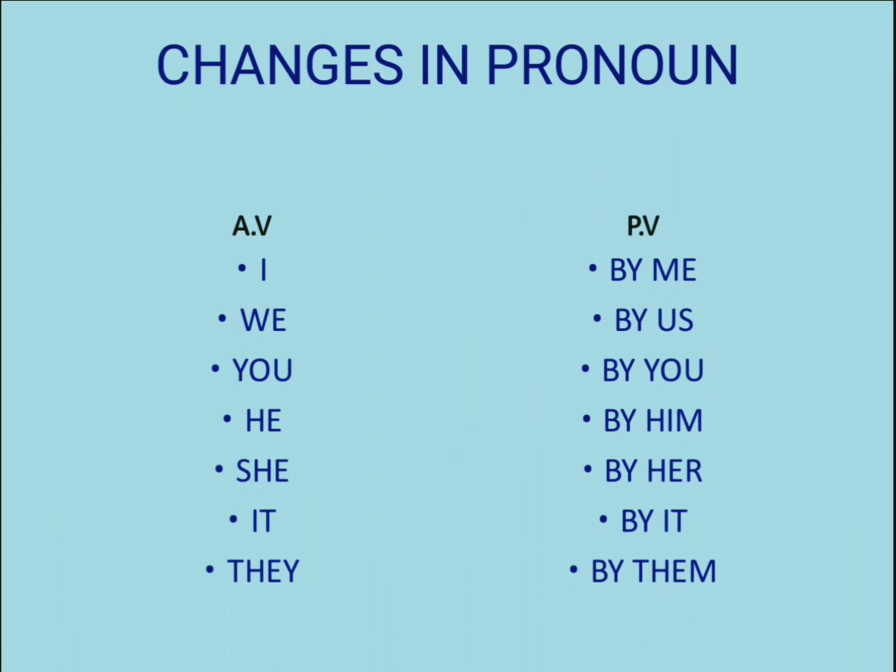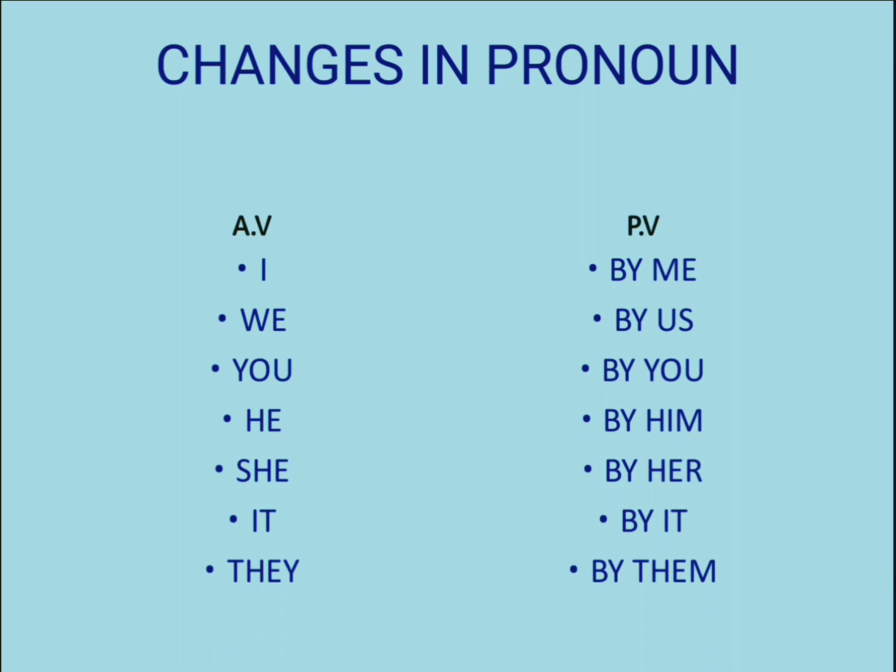In active sentence, if I is given, we have to use by me, we becomes by us, you becomes by you, he becomes by him, she becomes by her, it becomes by it, and they becomes by them. So these are the changes done in the passive sentence while transforming.